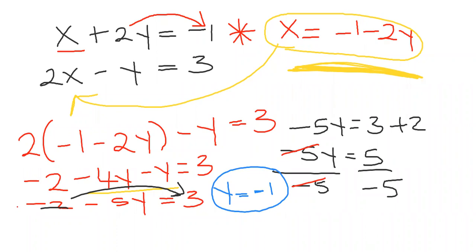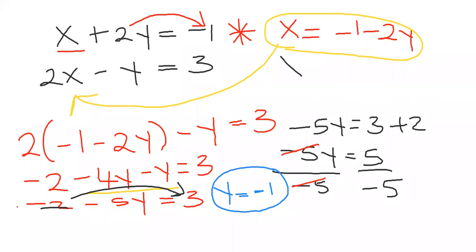Now find the value of x. To find the value of x, you go back to that equation that you made the subject of the formula before. Go back to that equation and substitute the value of y there to get the value of x.